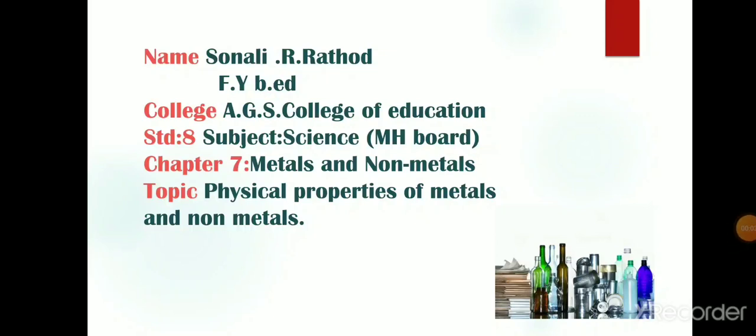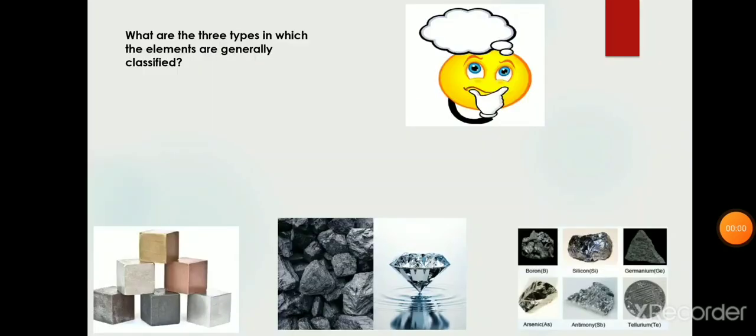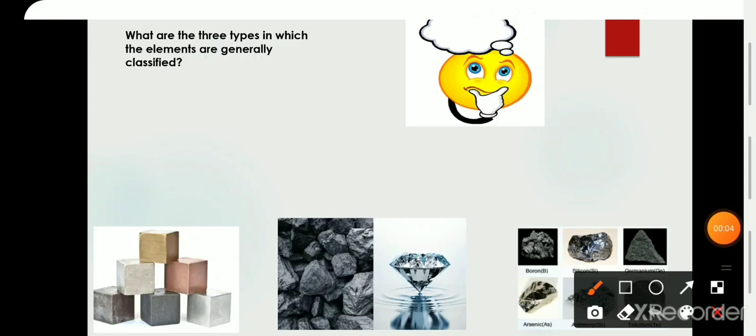Hello students, in this video we are going to study chapter 7 of science, metals and nonmetals. Now, before starting with the chapter, can you tell me what are the three types in which the elements are generally classified? Yes, very good.